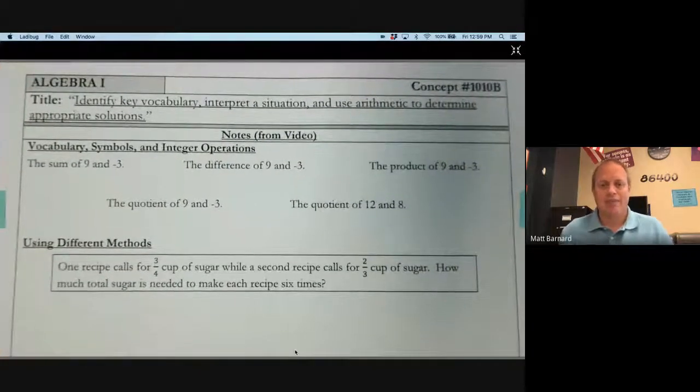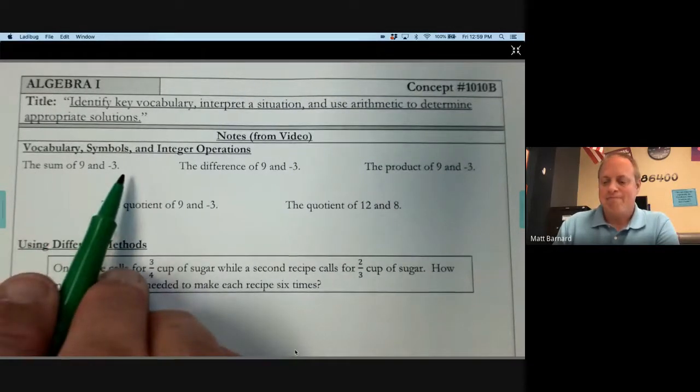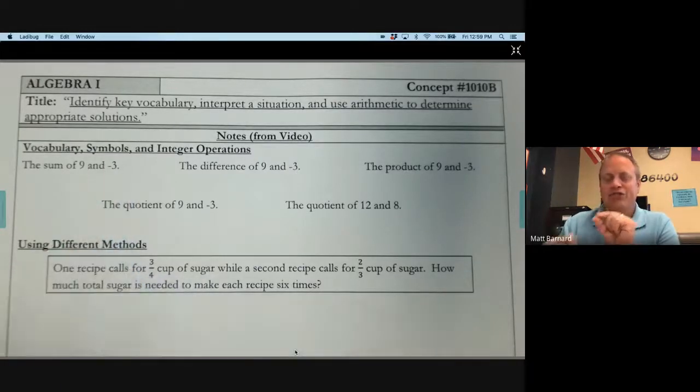All right. Well, last time we worked on key vocabulary and talking a little bit about how to round and estimate and how to compare. So let's talk about some of the vocabulary that you picked up last time. First of all, the sum of 9 and -3. If I wanted to write a statement for that, I know sum means addition.